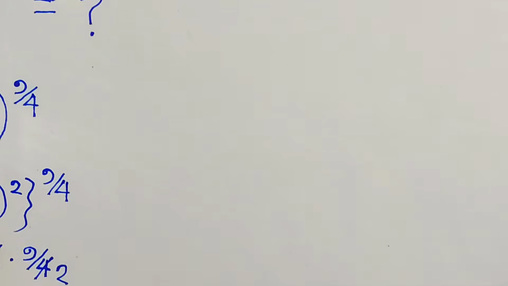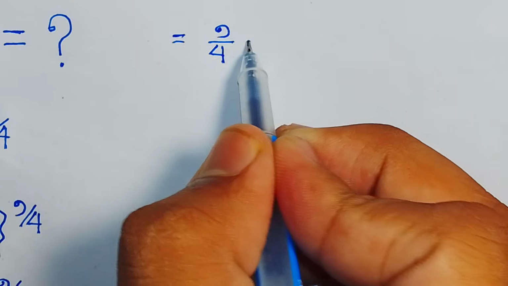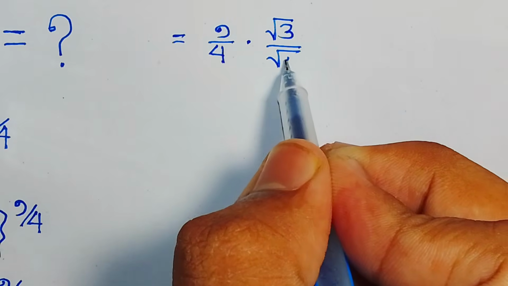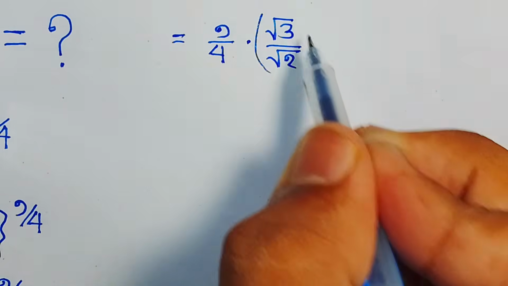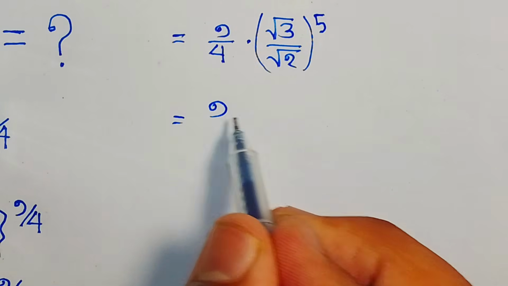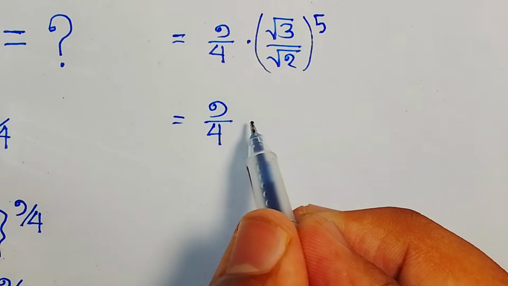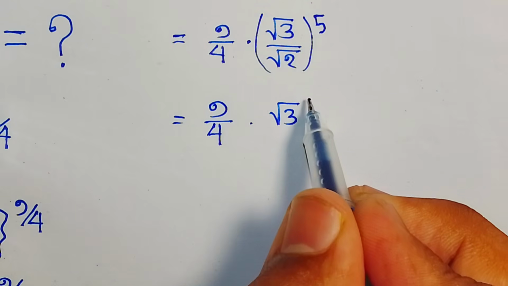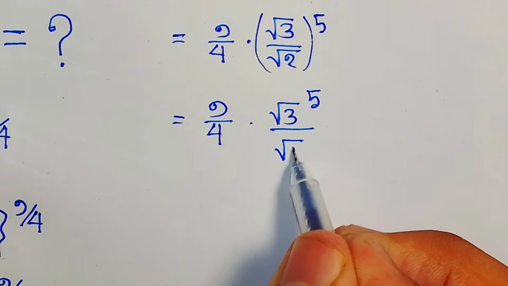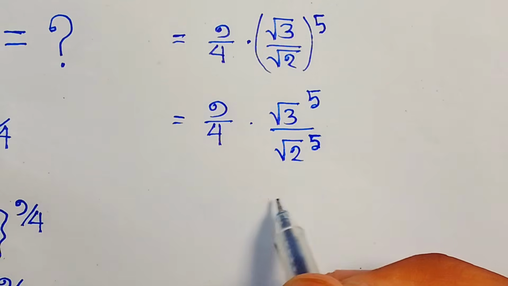After that we can write 9 divided by 4 times (root over 3 divided by root over 2) to the power 5. After that, 9 divided by 4 times root over 3 to the power 5 divided by root over 2 to the power 5.